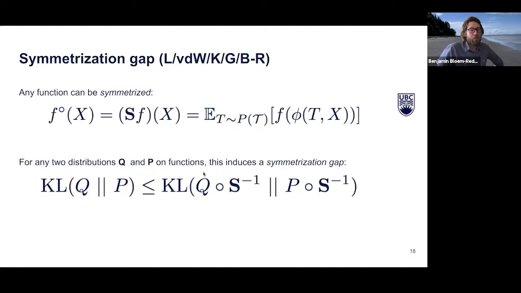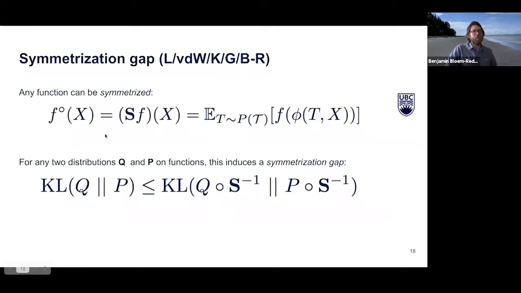Oh, this inequality is the wrong way; it should be greater than or equal to, so pretend that's going the other way. Their image measures are closer together, and we call this difference between these two KLs the symmetrization gap.